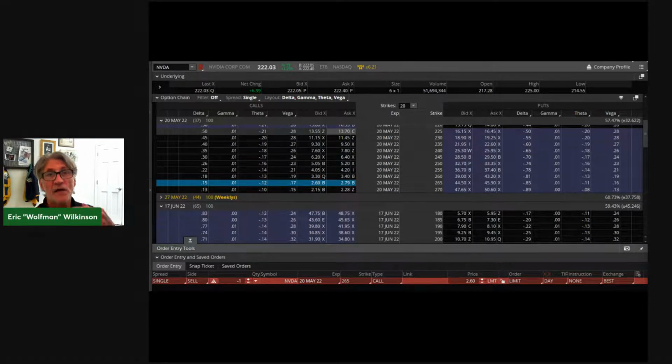But really, another aspect of Delta is it tells us the probabilities. It tells you your percent chance of being in the money. Now, a lot of people get this wrong. It's only being in the money by 1 penny.